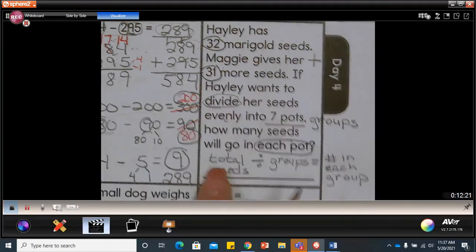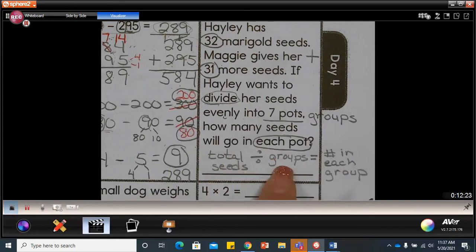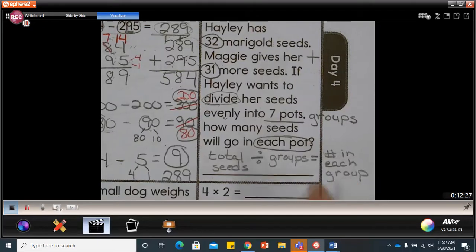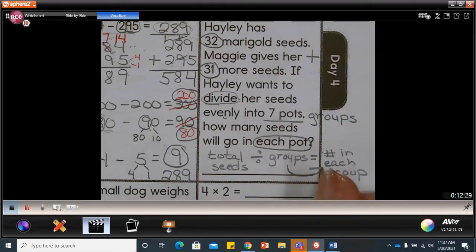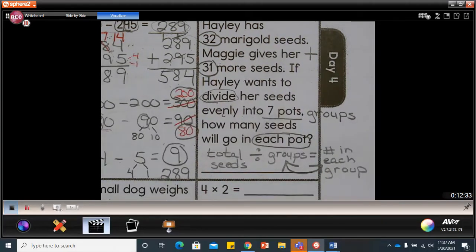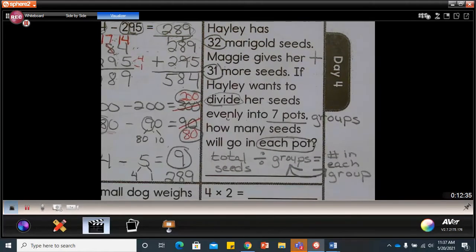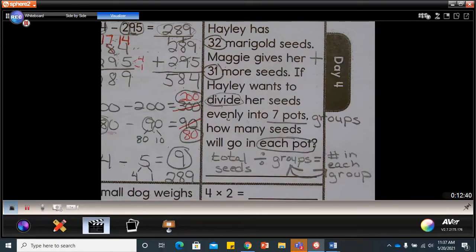So, total divided up into groups, we're going to know the number in each group. Now again, remember, we can switch these if we know one and not the other. So if I knew the number of seeds that were going to go in each pot, but not the number of pots, then I could figure that out by using what I know about division.